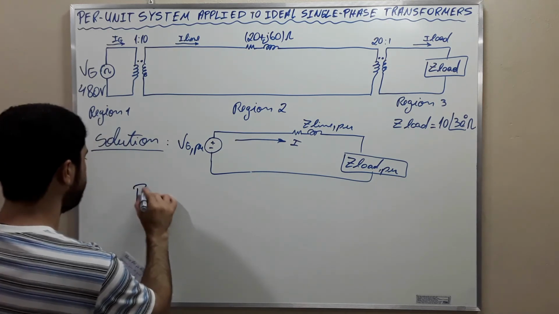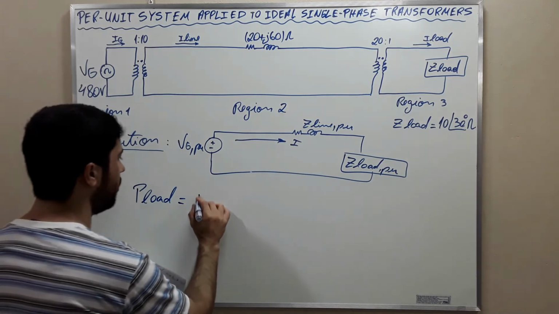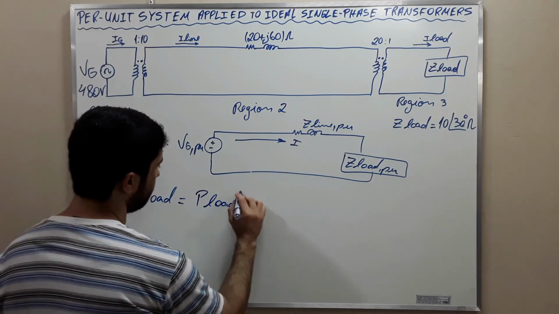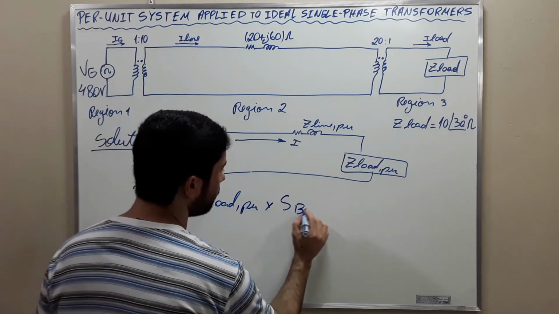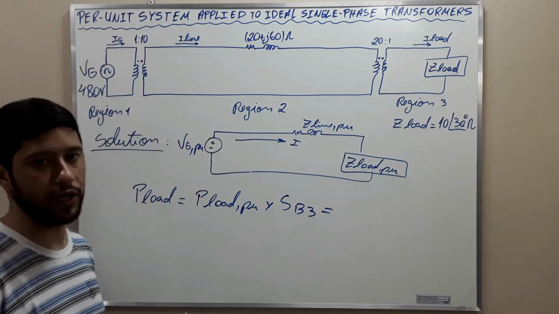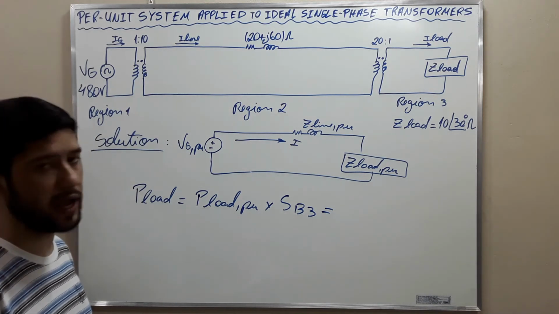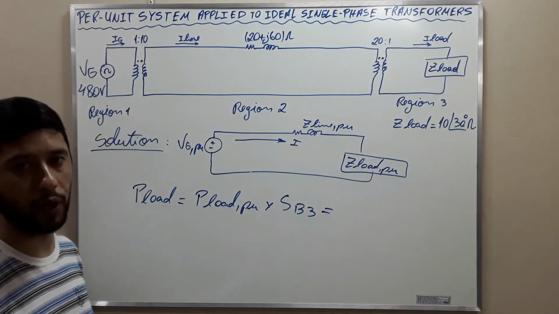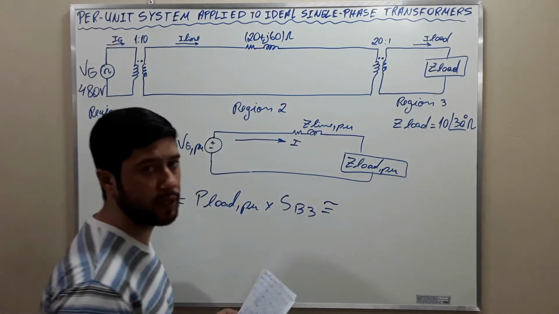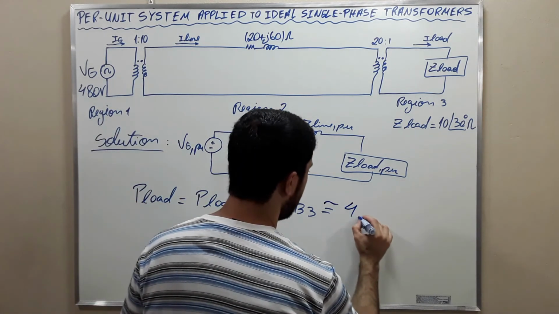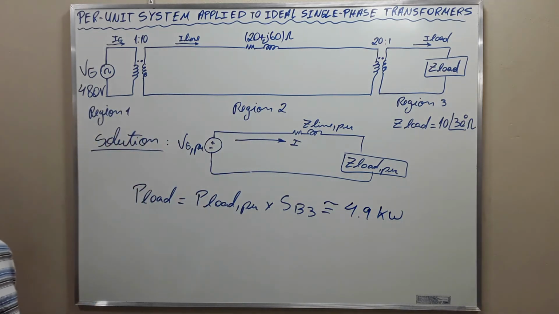P load will be equal to P load per unit times the base value for region 3. And if we use the base values that I showed you on the board, we are going to find approximately 4.9 kilowatts.